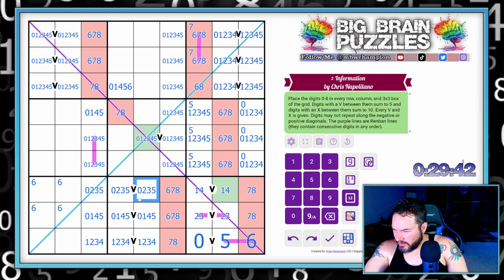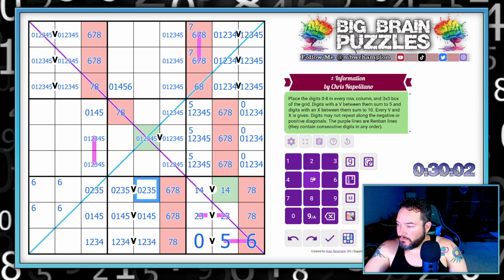Actually, yeah. Let's look more into this one. So this, whatever it is, a 0, 5, or a 2 plus 3, it's going to be the opposite here. Meaning, if this is, let's just say it's a 5, I'm just going to kind of put it there. This would be a 0.